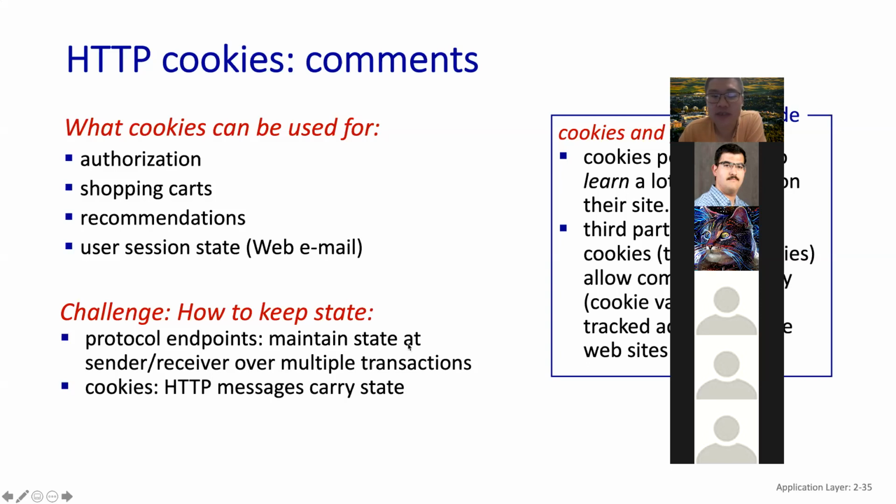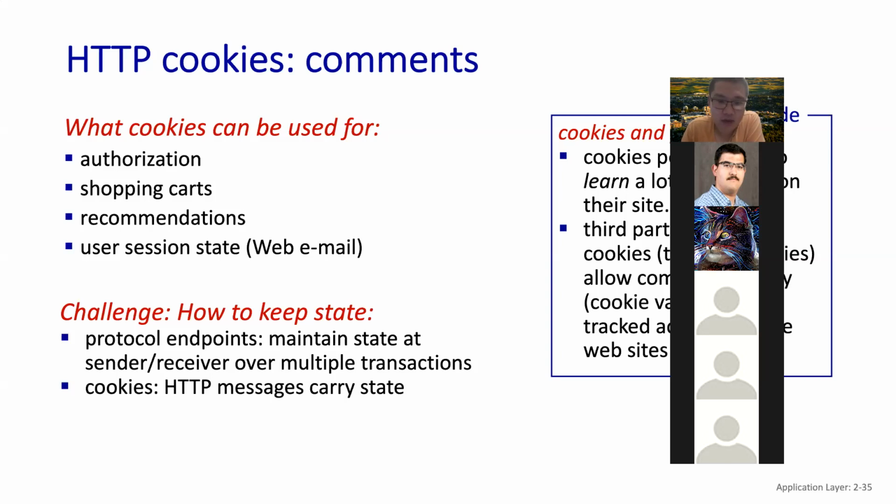And sometimes there are third-party cookies. Tracking cookies allow a common identity. As I mentioned, for different websites you have different cookie identity numbers. But if you use third-party software or cookies, they can keep track of all your browser information and make maybe better recommendations across Amazon, eBay or something.